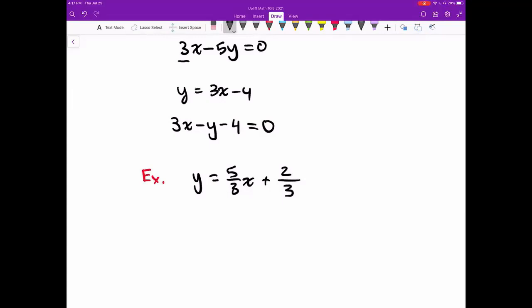Edward, I think you might have to do something about the coefficient on x. Ooh, Alex, you forgot to do something with the y.